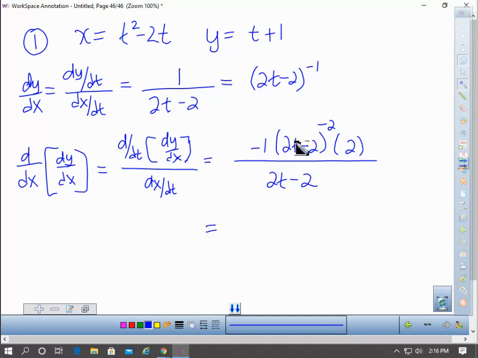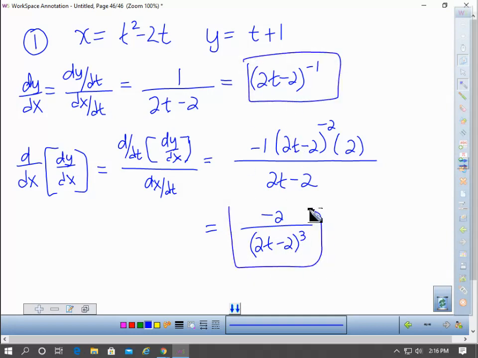All right, now I can simplify this because this becomes negative 2 in the top. And if I take this downstairs, that becomes a 2t minus 2 squared down here, which gets multiplied by this. So this would be a 2t minus 2 cubed in the denominator. So this is my first derivative. This is my second derivative.